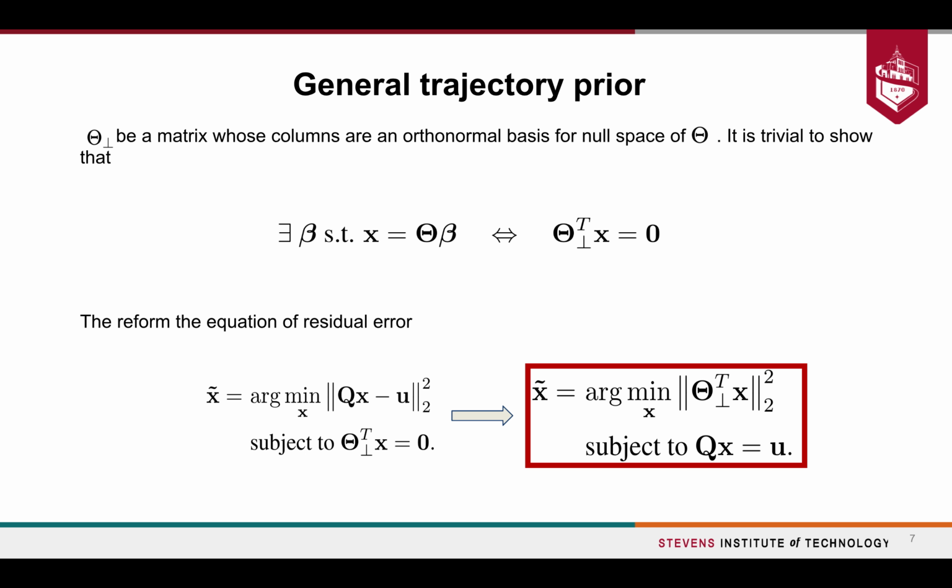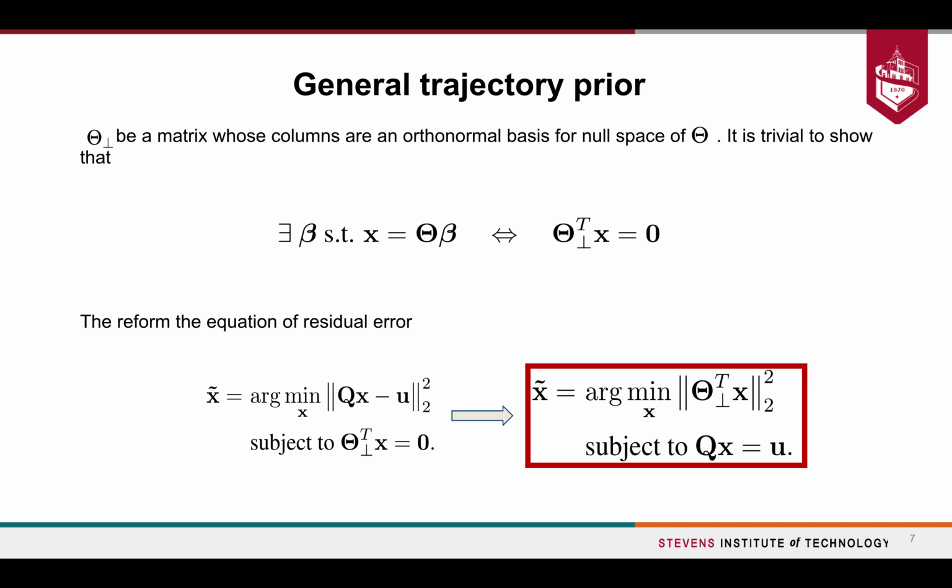And they transfer this cost function into their generic trajectory prior form. Since X is a linear combination of the trajectory basis, this here is the null space of the trajectory basis space.